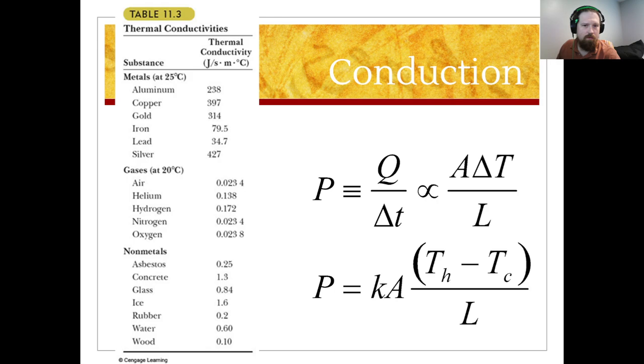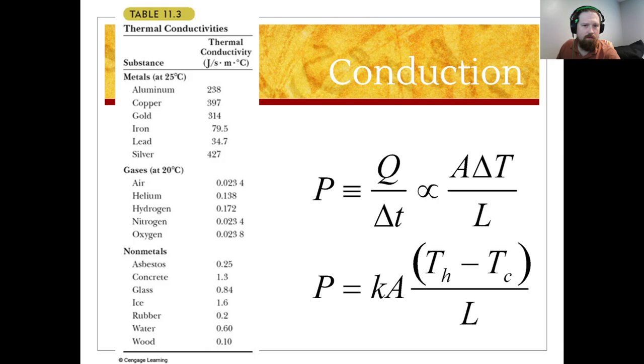So if we were trying to find the rate of heat flow through the walls of that house, we would need to plug in the two temperatures on either side of that wall. If the hot side of the wall is 80 Fahrenheit and the cold side is 30 Fahrenheit, then we would plug in 80 minus 30, and that would be a temperature difference of 50. The reason this is in the formula is because the bigger the temperature difference, the faster the thermal energy will flow.